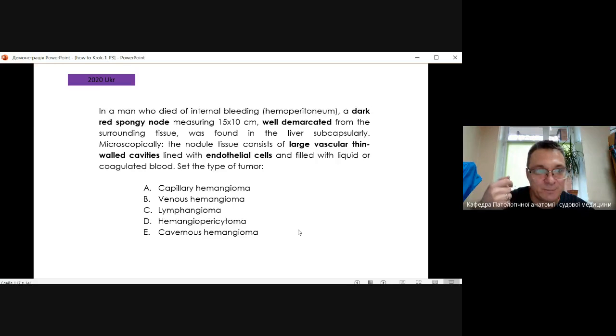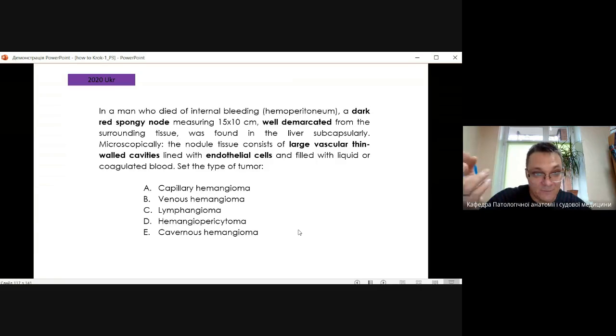So there is a red spongy node measuring 15-10 centimeters, well demarcated from the surrounding tissue. That's the sign of a benign tumor. Here we see large vascular thin-walled cavities lined with endothelial cells. So it's a vascular and benign tumor.